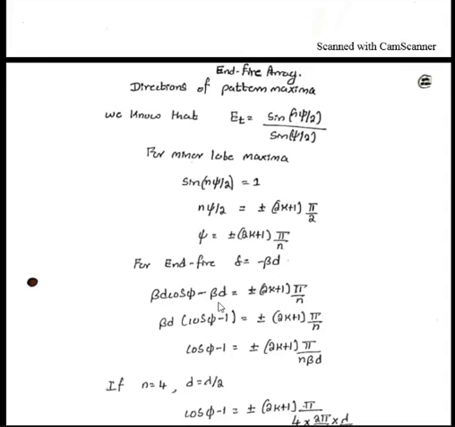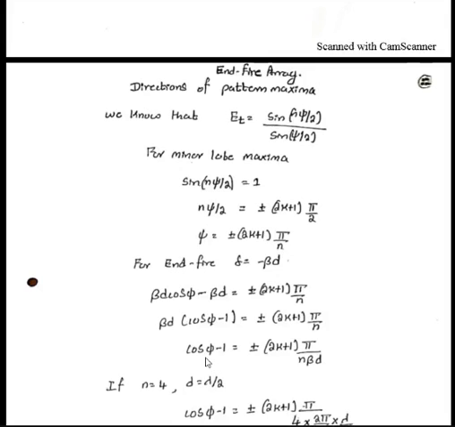Here the beta d can be considered in radians. So beta into d has to be substituted, which means you take beta d as common, so cos phi minus 1 will be there. With beta d you can take it to the RHS side here.